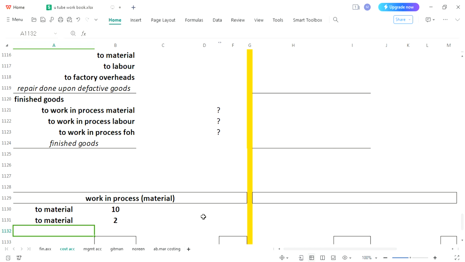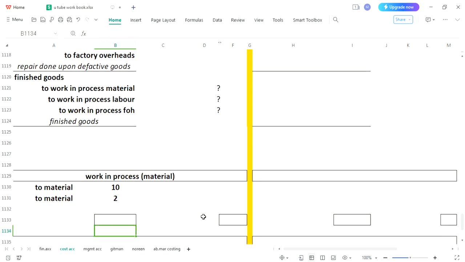It's time to balance them. First you will make the total of both sides. Total of debit side is 10. Total of credit side is 0. You will select the larger total, 10, and put the larger sum as the total on both sides. Now finally you will choose the smaller side where you will write the balance.